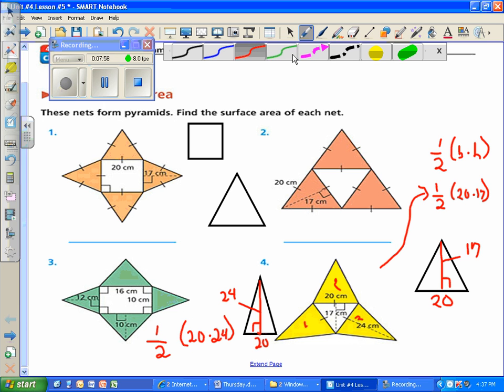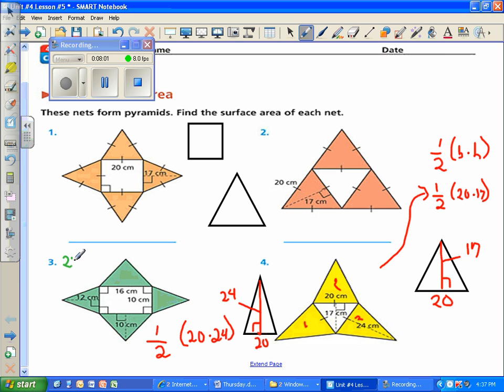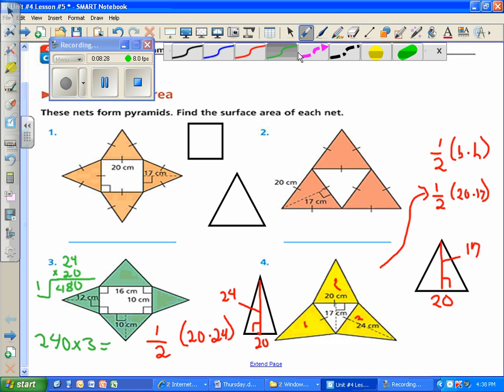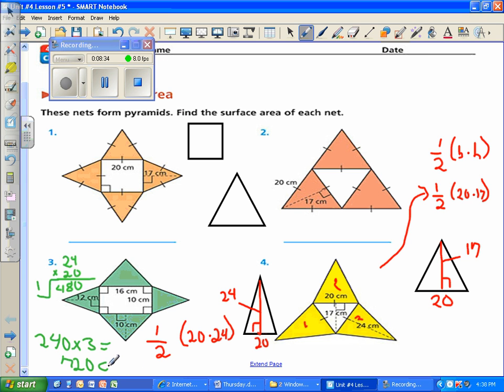So I'm just going to write off to the side here. 24 times 20 is 480. But now remember, formula says take half of that. So 240. But you have 3 of them. So you end up with 720 centimeters squared. Now that's for the 3 faces.